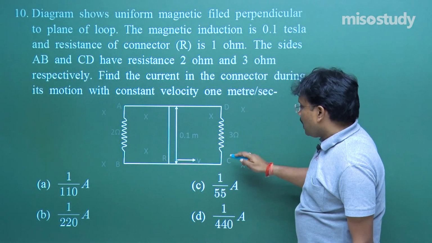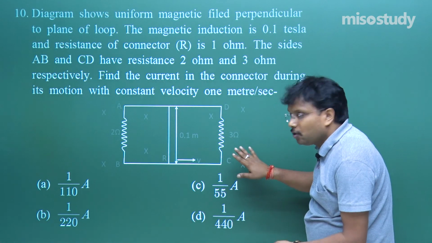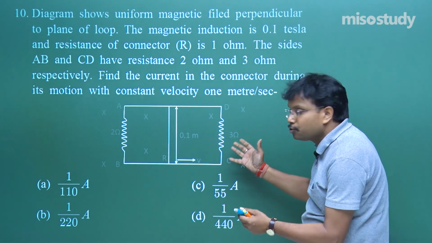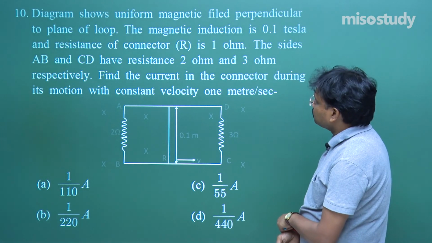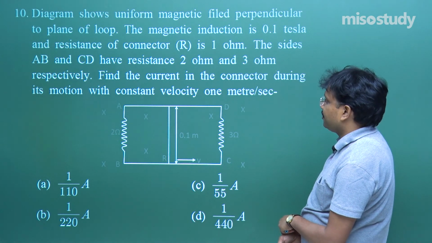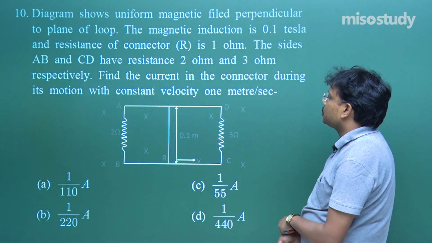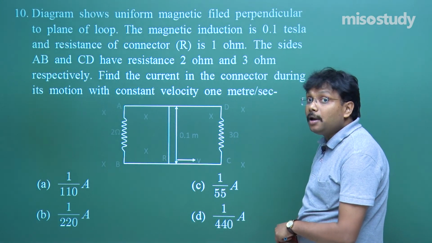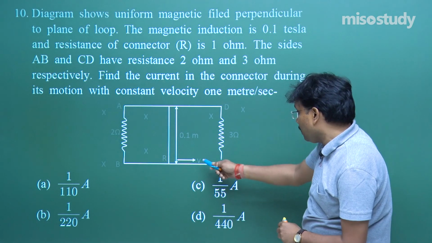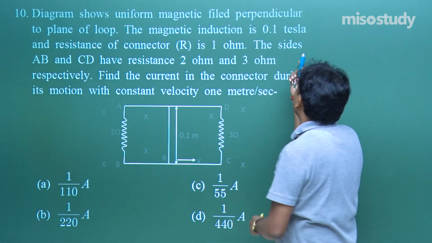Actually, this line is quite bright and this is not that bright, just to show you the difference. The sides AB and CD have 2 ohm resistance and 3 ohm resistance respectively. Find the current in the connector during its motion with constant velocity 1 meter per second. This V value is given, 1 meter per second.